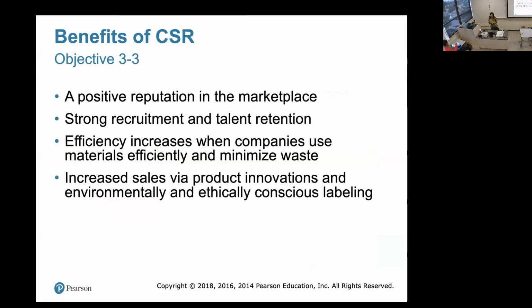So what are the benefits? All that stuff costs money, right? It's effort. They actually have teams that work on these statements, and teams that ensure they do things properly. That's all consuming resources. But there are some benefits. Companies will have a positive reputation in the marketplace.